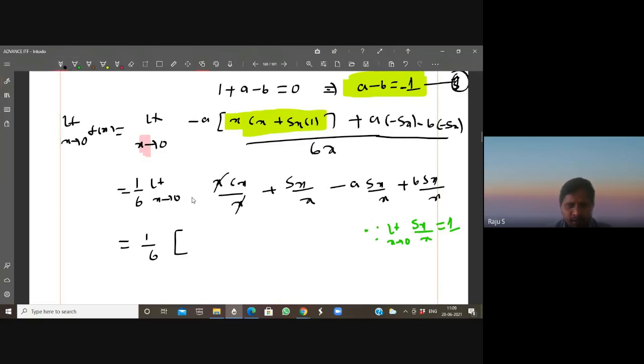Is it clear? So this sin x by x value is 1, this value 1, this value is 1. Now cos 0 is 1. 1 plus 1 minus a plus b.